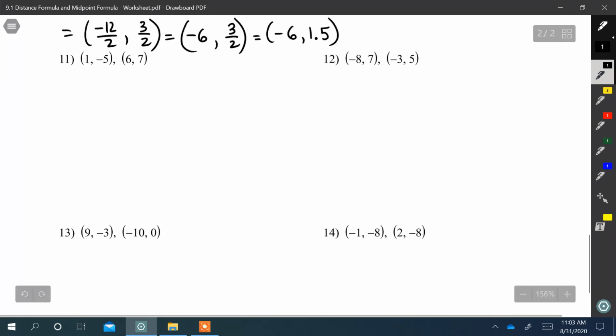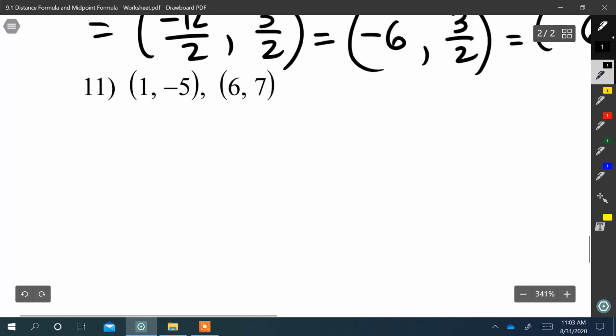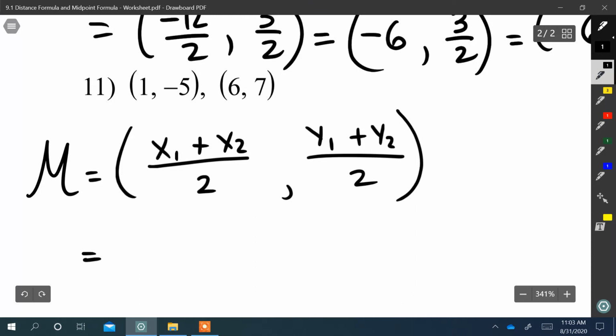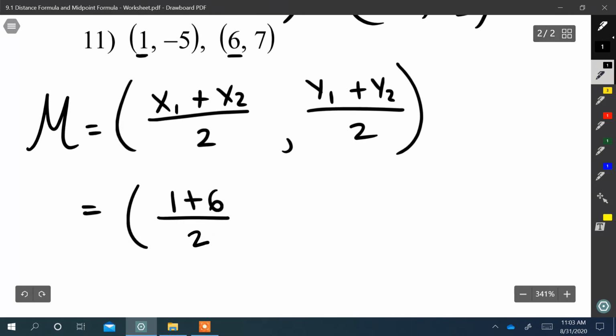Let me do number 11 here. Same idea. We're going to use that midpoint formula, and it's x1 plus x2 over 2. It's actually very easy to memorize. It's y1 plus y2 over 2. So x1, I will say it's 1 plus 6. So 1 plus 6 over 2.